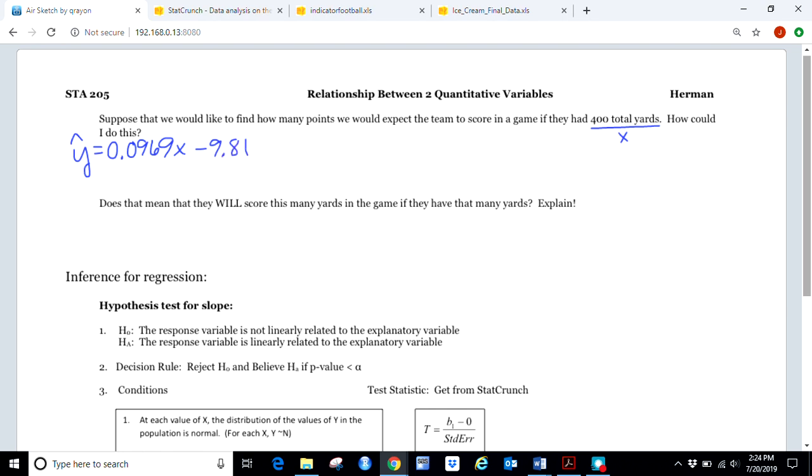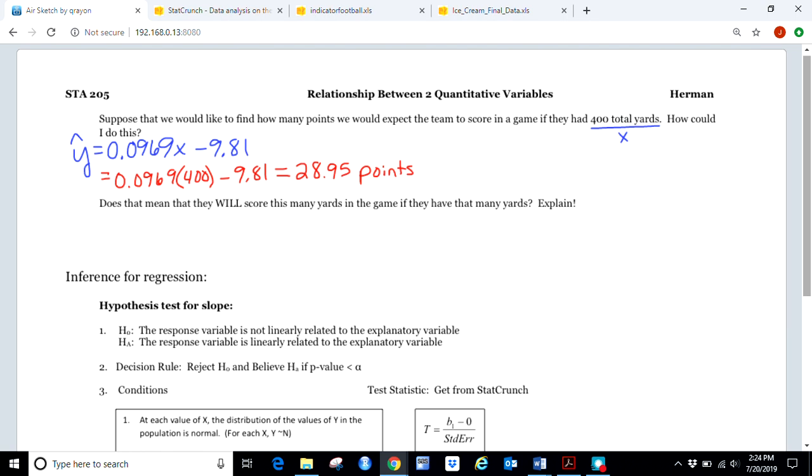So if I just substitute an x of 400 in here, that will get me my predicted number of points scored. So we're going to predict roughly about 29 points for the team to score in that game.